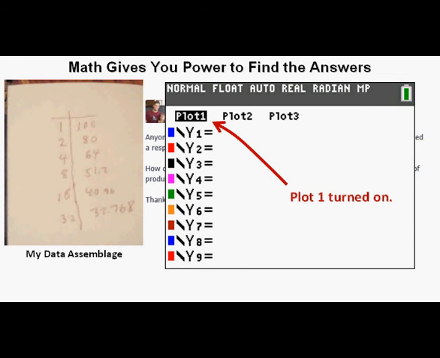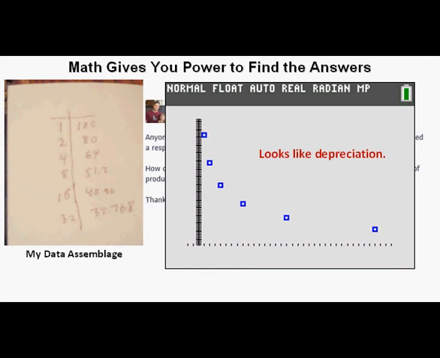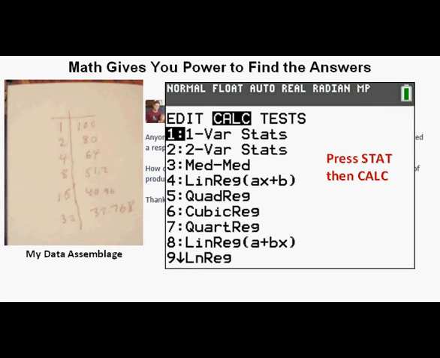Then to view the data, I went to Zoom 9, which is otherwise stated as Zoom Stat. To me, this looks kind of like an exponential relation, which makes sense given the percentage reduction. I have often used depreciation curves that look a lot like this for automobile depreciation and even, coincidentally, for oil and gas production declines. So I went to Stat, then Calc.